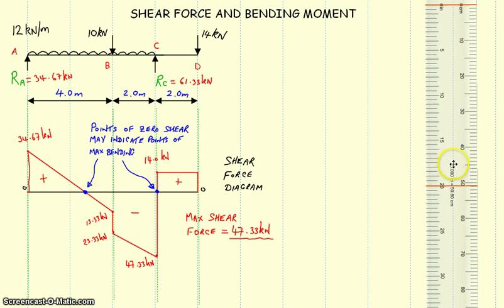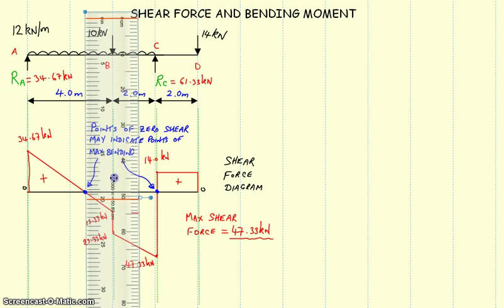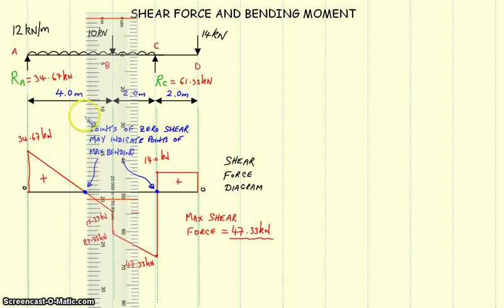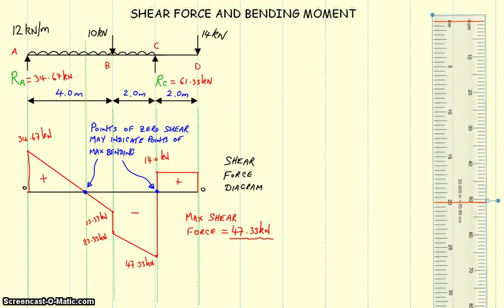And because of that, we need to drop another construction line down through here. That is because we do need to calculate the bending moment at this point right there.